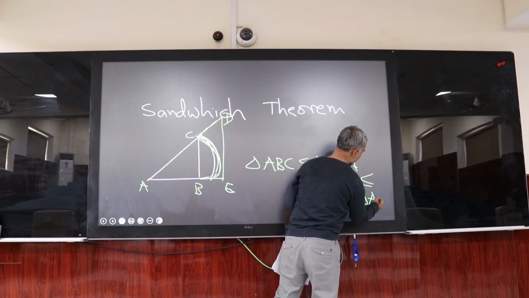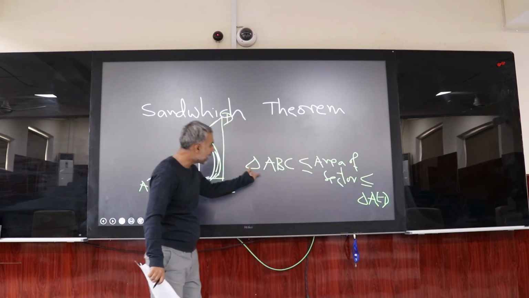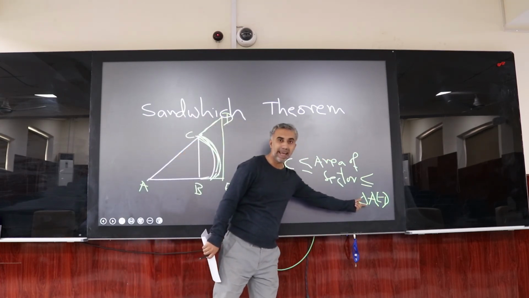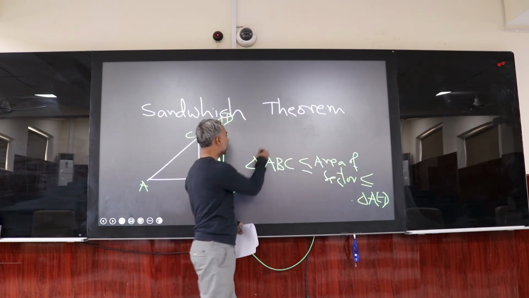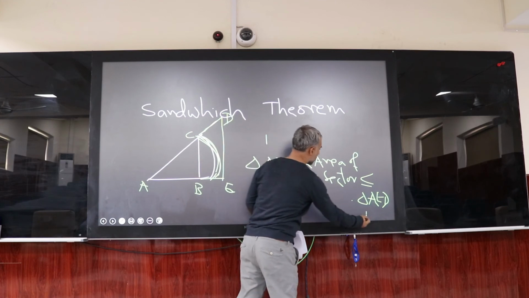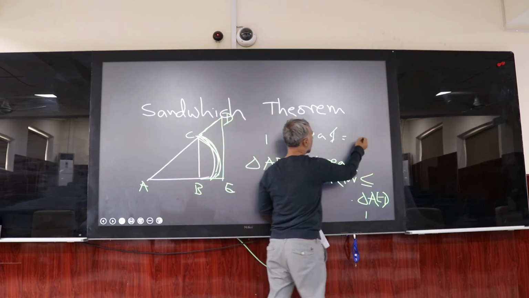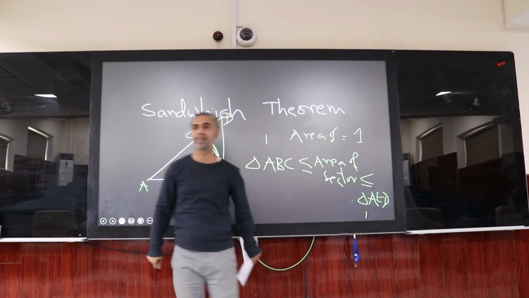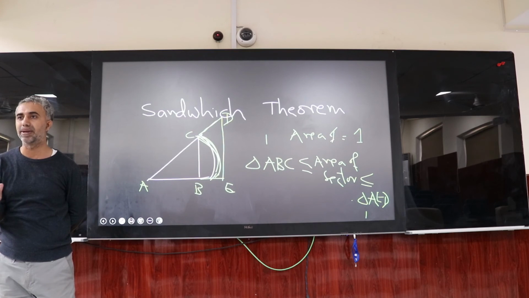They said if the area of triangle ABC is equivalent to triangle AED, then the area of the sector is equivalent to them, they are both the same. For example, this is 1, this is also 1, so the area of the sector is 1. Left hand limit is equivalent to the right hand limit.